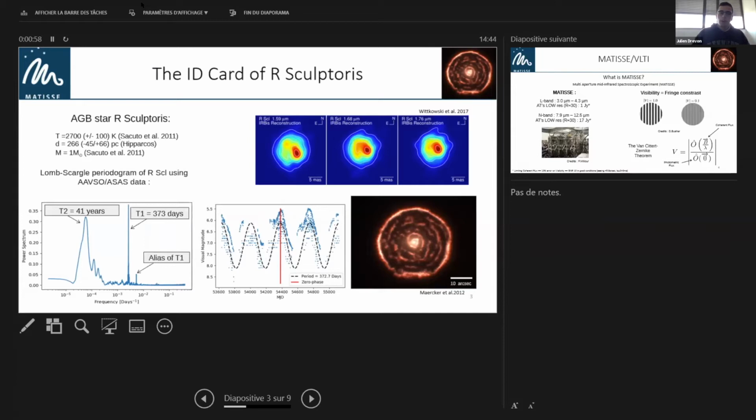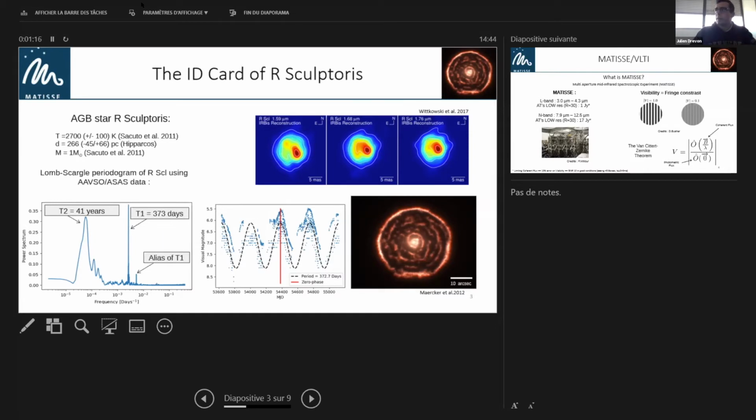So, the ID card of R Sculptoris. In quick, some words: it's an AGB star with a temperature of roughly 2,700 Kelvin, located at a distance of 270 parsec, with one solar mass.